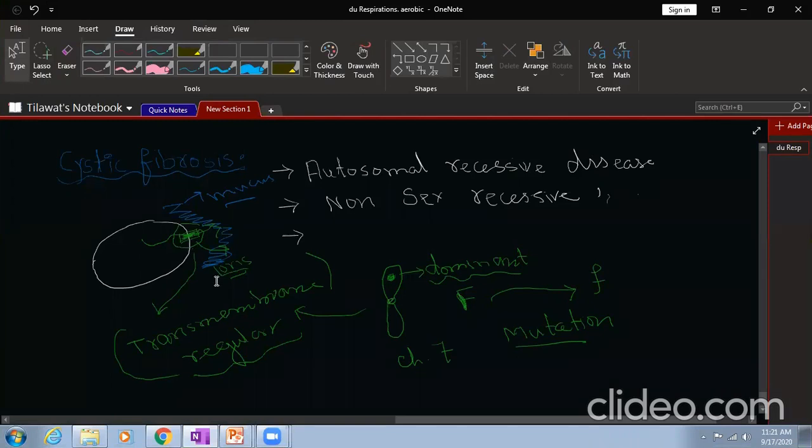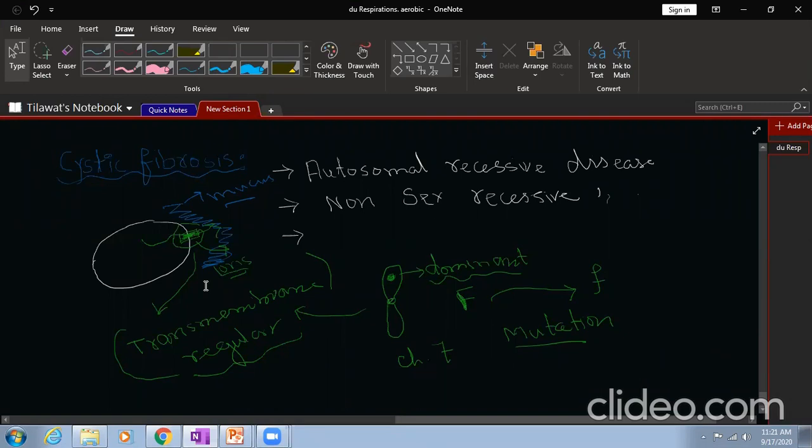Boys, let me discuss this once again. The transmembrane regulator is a protein responsible for the outflow of ions. It takes ions out of the cell. Why? If the ions are more in the extracellular space, it means the solution outside is concentrated, and water can come from the cells or from a nearby area to that place, so no mucus will accumulate there.